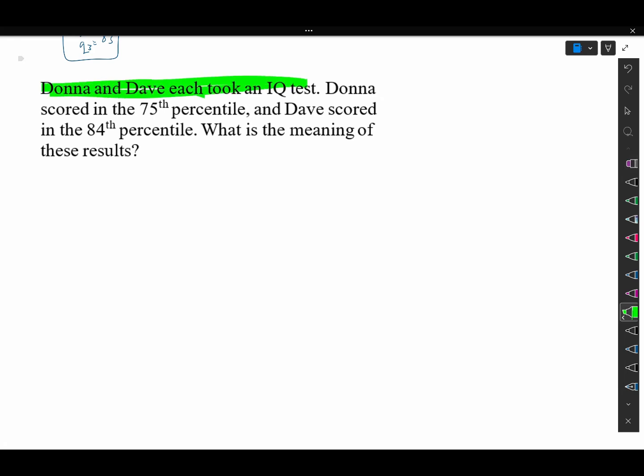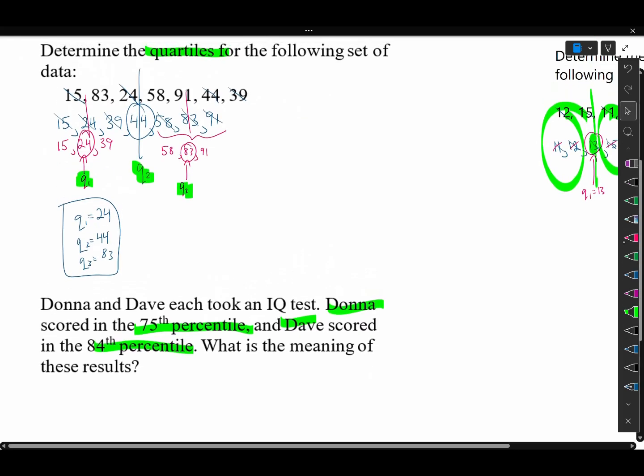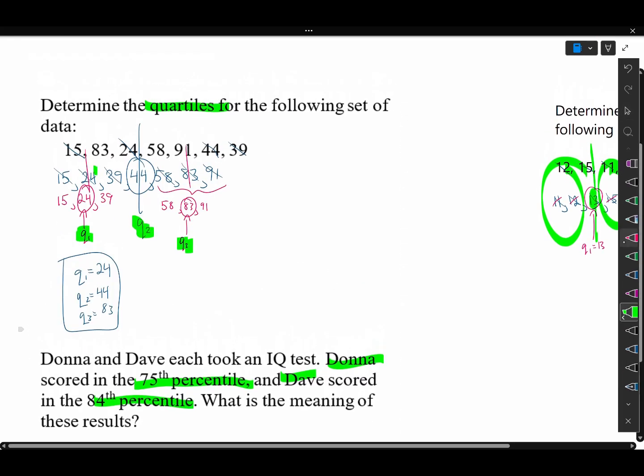So Donna and Dave each take an IQ test. IQ tests themselves are not very helpful in terms of measuring intelligence, but regardless, IQ tests do use percentiles to consider a rating. Now Donna scores in the 75th percentile. Dave scores in the 84th percentile. It's up to us to try and figure out exactly what these mean. Remember our quartiles split up our data into four sections.